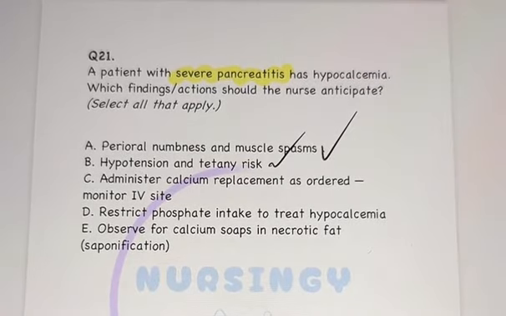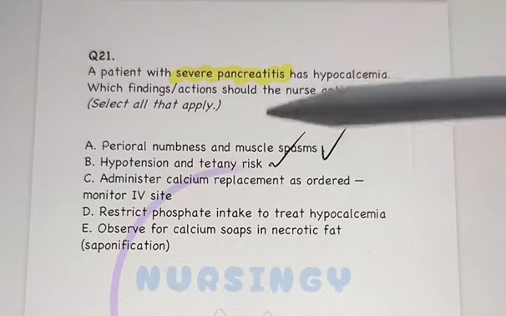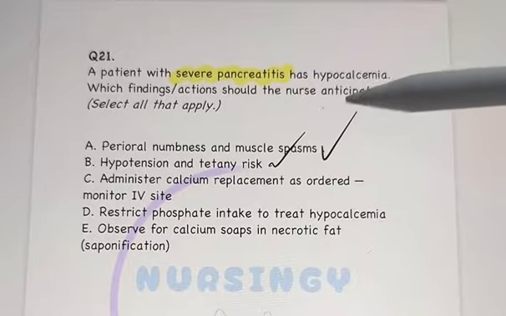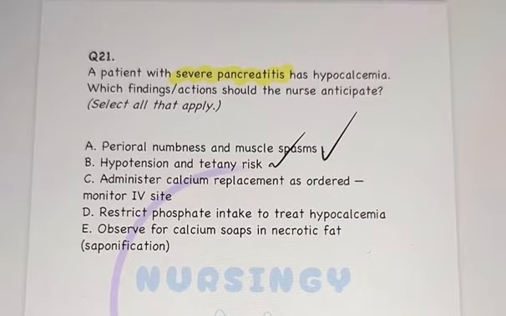We know hypocalcemia causes vasodilation and hypotension, because the calcium is too low. And tetany, because we are having muscle spasm, and tetany is actually involuntary muscle spasm, so that's why you will have B.